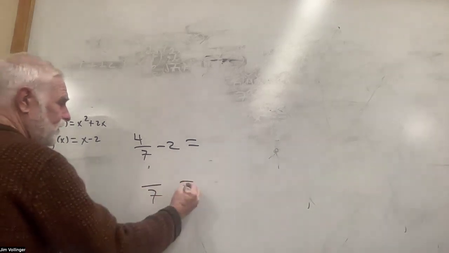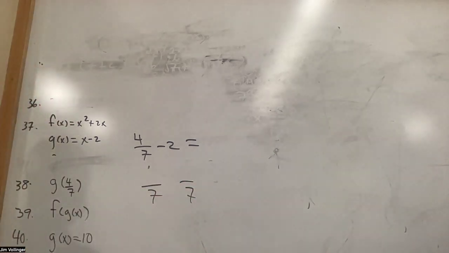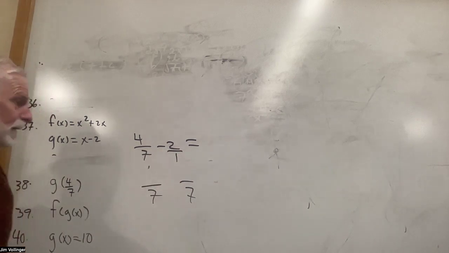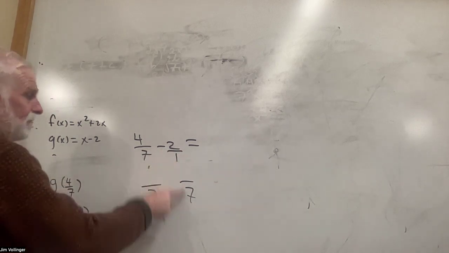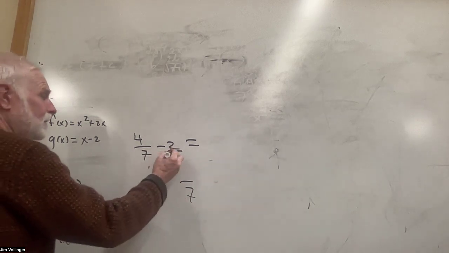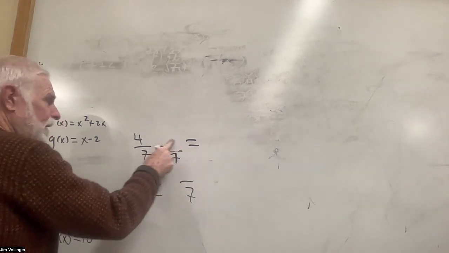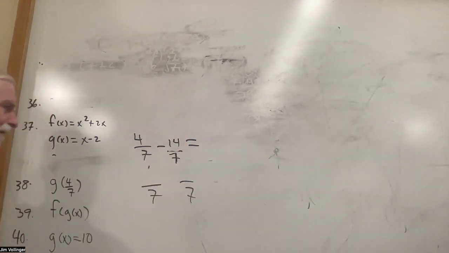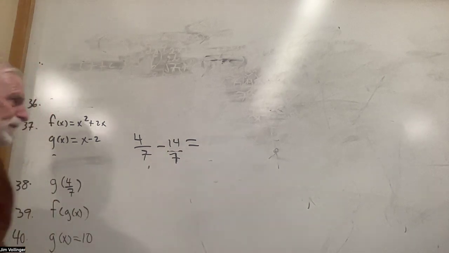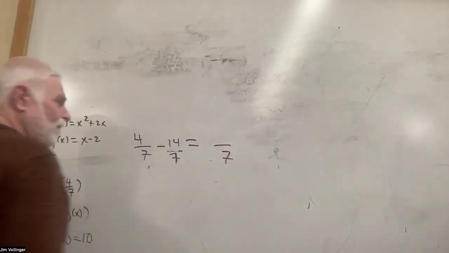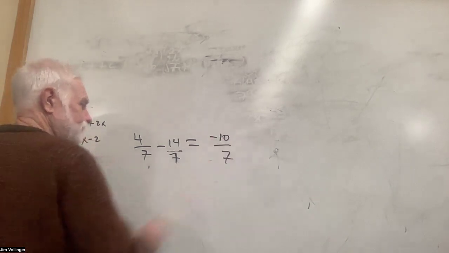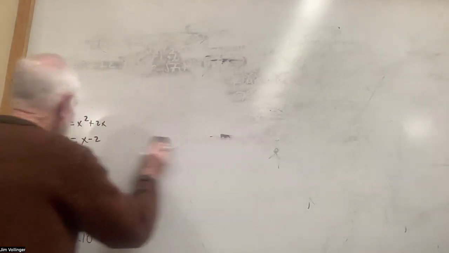Well, first off, I need things over 7. Well, that's over 1. How did I make it 7? I made it 7 times bigger. If I do that to the denominator, I better do it to the numerator. What's 4/7 minus 14/7? I can tell you how many sevenths you have. Minus 10/7. Okay, and we're practicing that every day, so we get good at it.